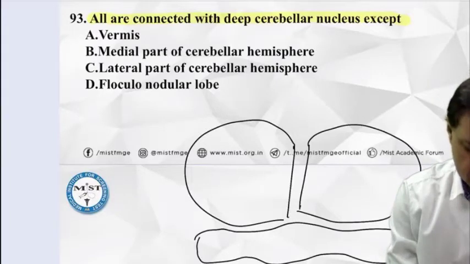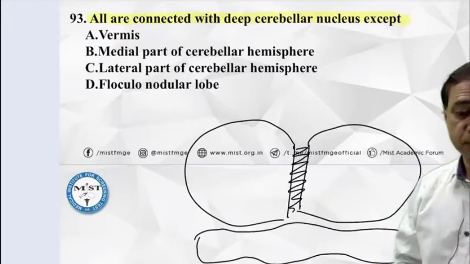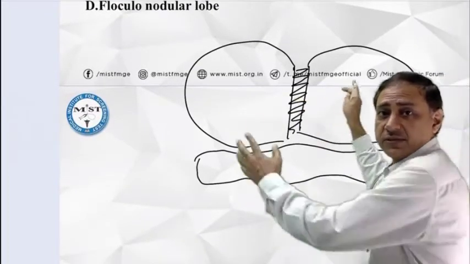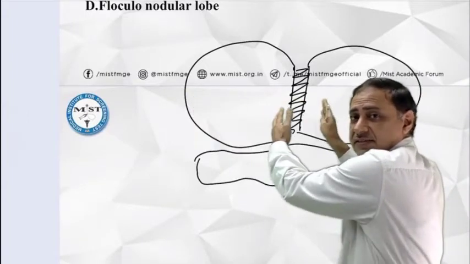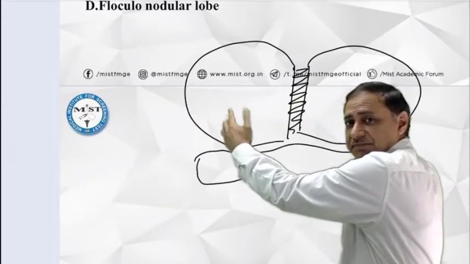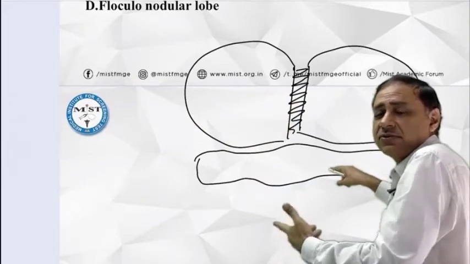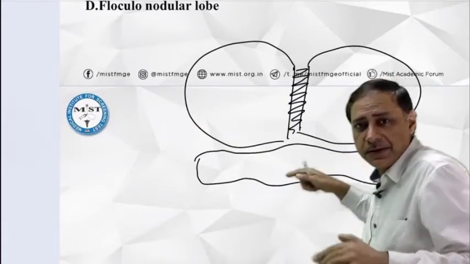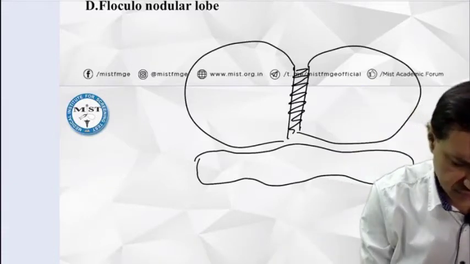The central portion is the vermis. In the center we have the vermis, and on the two sides of that we have the cerebellar hemispheres, and here we have the third, known as the flocculonodular lobe.